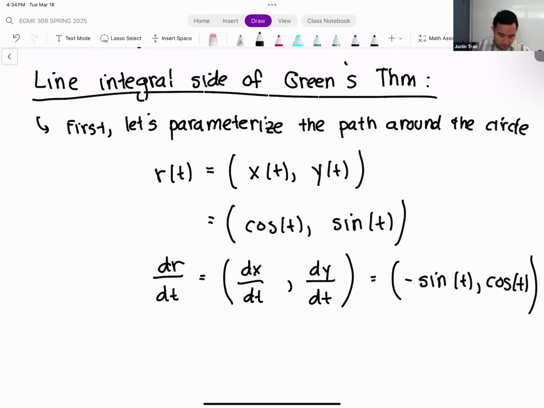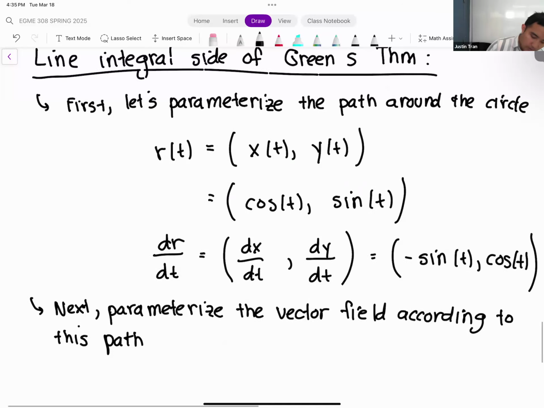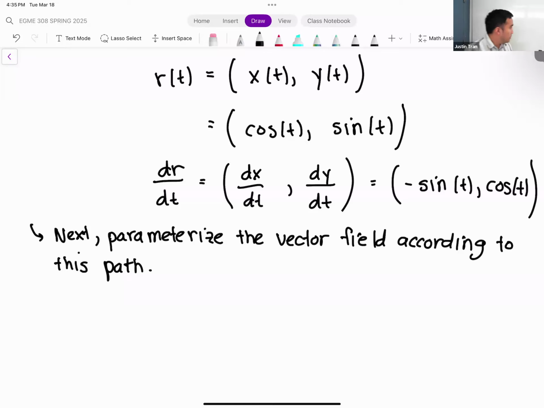And then the next thing that we need is to parameterize our vector field in terms of this path. Remember, this was the last example we did last Thursday.